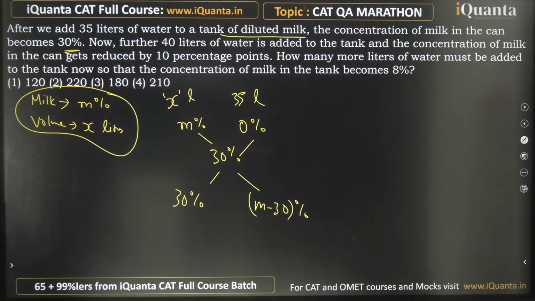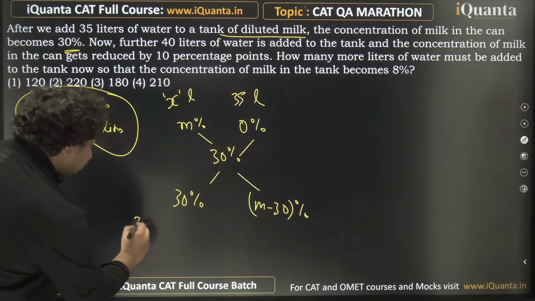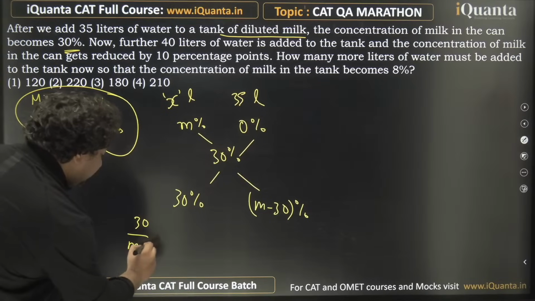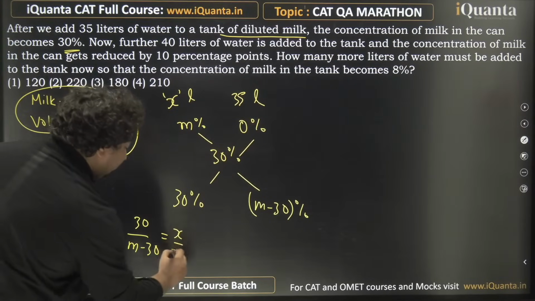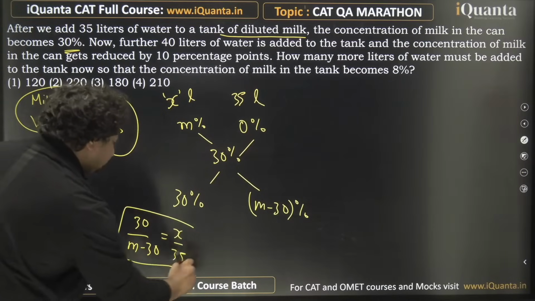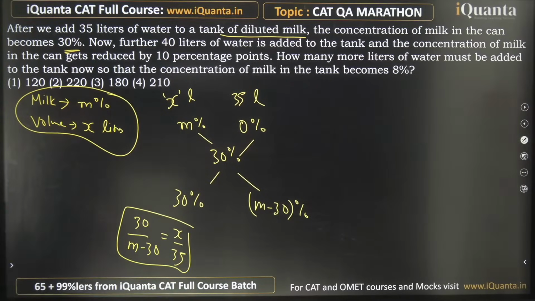Is that fine? Which means 30 upon m minus 30, this ratio is basically x upon 35. We'll save this for future calculation.